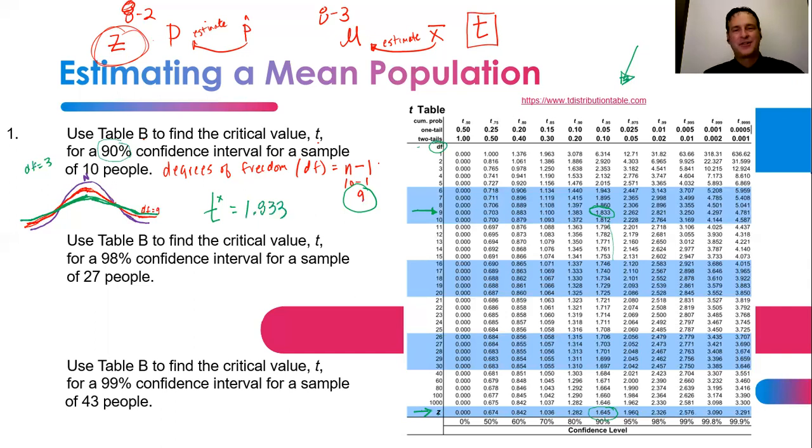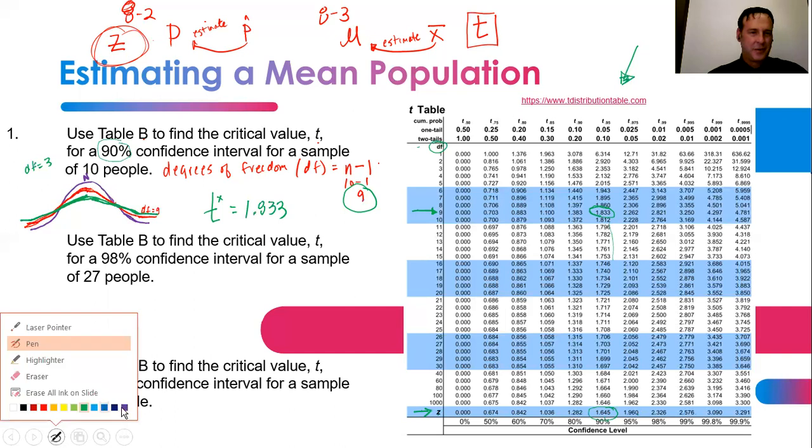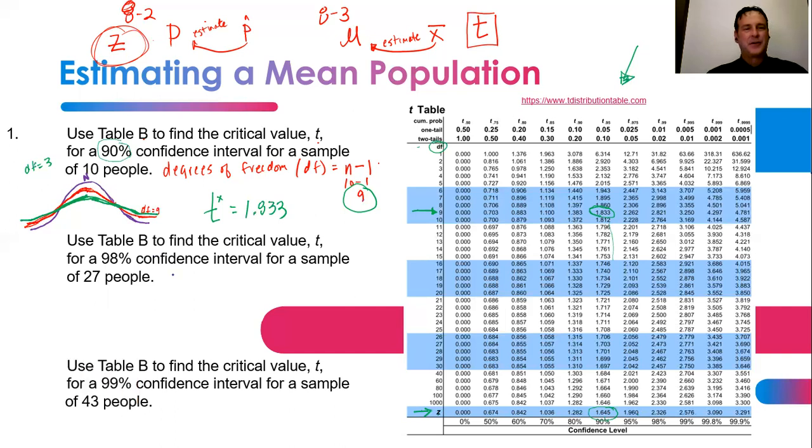It's kind of like a game of Battleship, just go over and across based off your degrees of freedom and your respective confidence level. If I do another one, it says table B. I'll do this in a different color. I'll do it in purple. Again, my degrees of freedom is n minus 1. So 27 minus 1 is 26. And 26 is down here for my degrees of freedom.